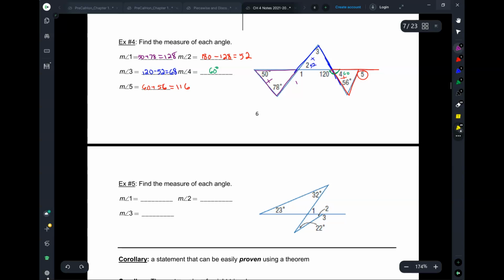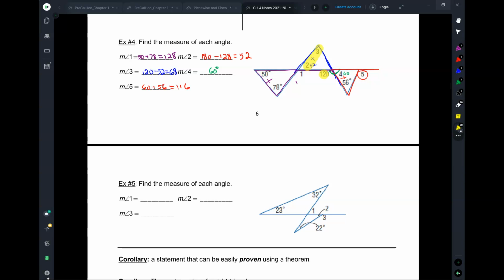We were here then. This 120 is an exterior angle. Okay? It equals the sum of the two remote interior angles. So we knew that this was 52. 120 minus 52 is 68, because these two together add up to 120.